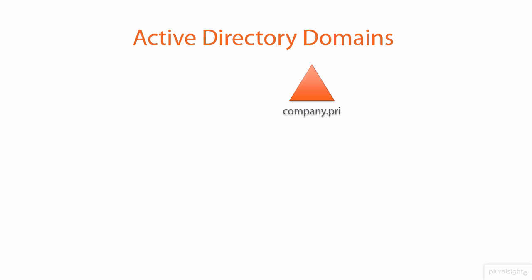These days, most organizations work within what is called a single domain, single forest model. And so the entirety of the workspace that you're dealing with is this thing called company.pri. But what I want to show you here is that it is possible to take multiple domains and connect them together to create a tree of domains, or a forest, if you will, of domains, should you have that need to do so.